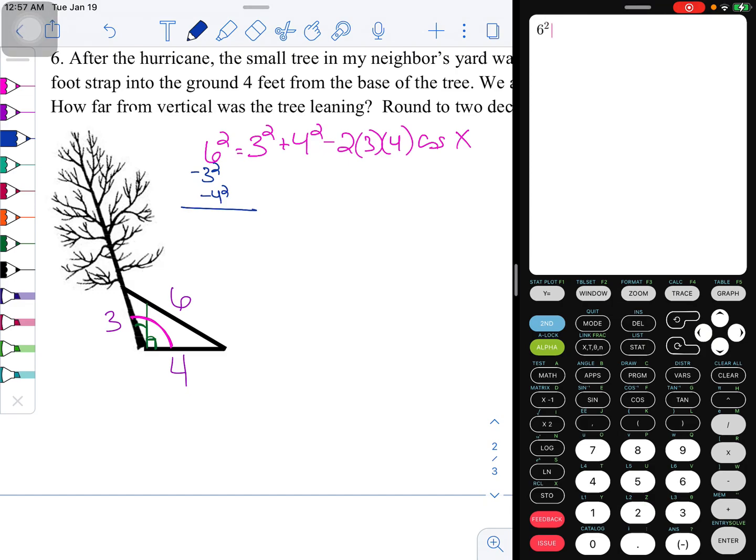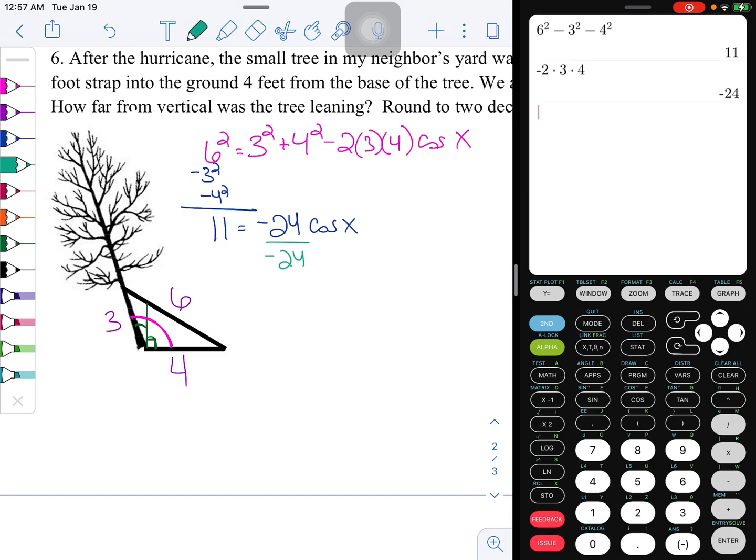So into the calculator those go, and I'm getting 11. So let's see, negative 2 times 3 times 4. So this equals negative 24 cosine of x.